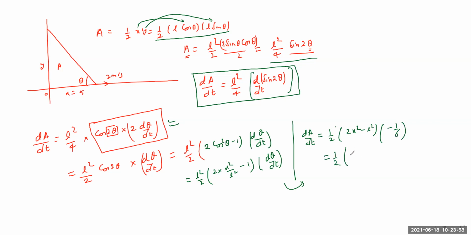What is x square? x is 5, so 2 times 25 minus 30 square. So what we will get is 1 by 12 into 13 square minus 50, and the unit is meter square per second. Area unit is meter square per second. Now it is clear, guys.